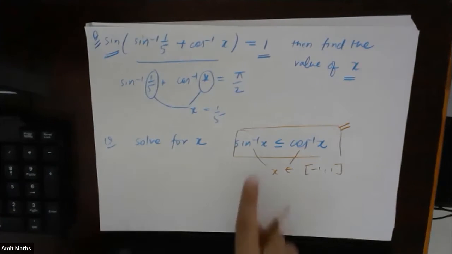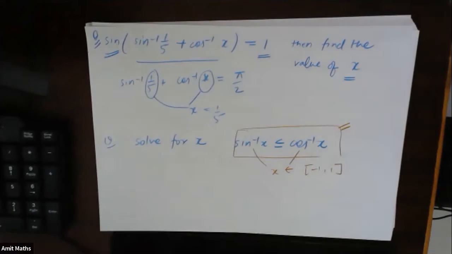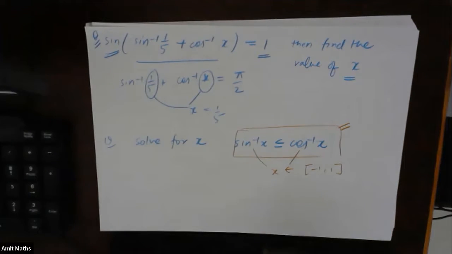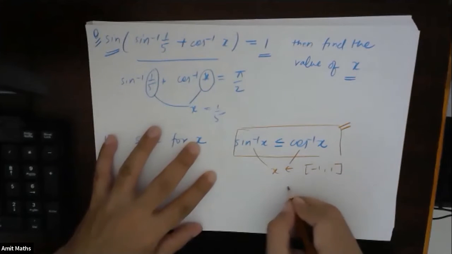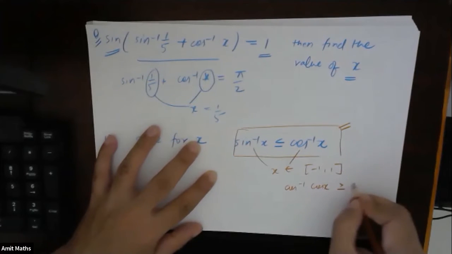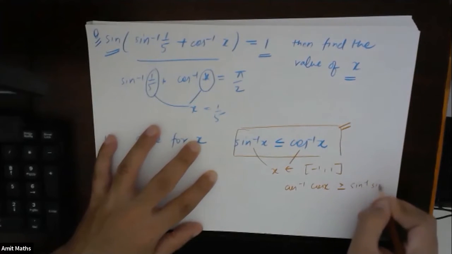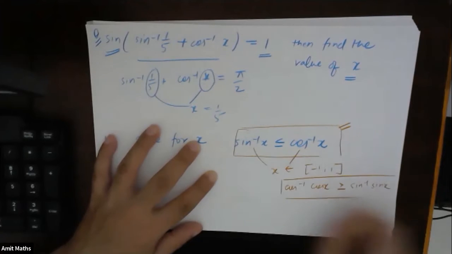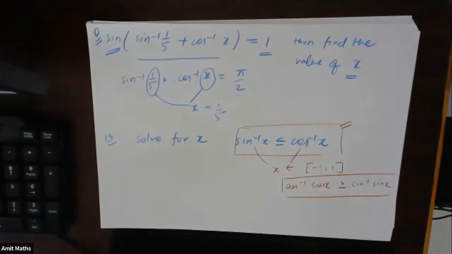Because something, just let me check the previous question. Yeah, cos inverse of cos x should be greater than sine inverse of sine x. If you remember, questions like this we did by solving with the graph.